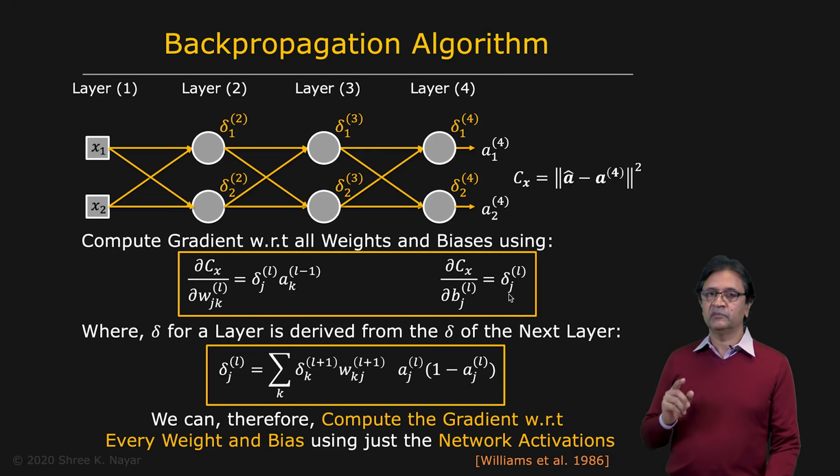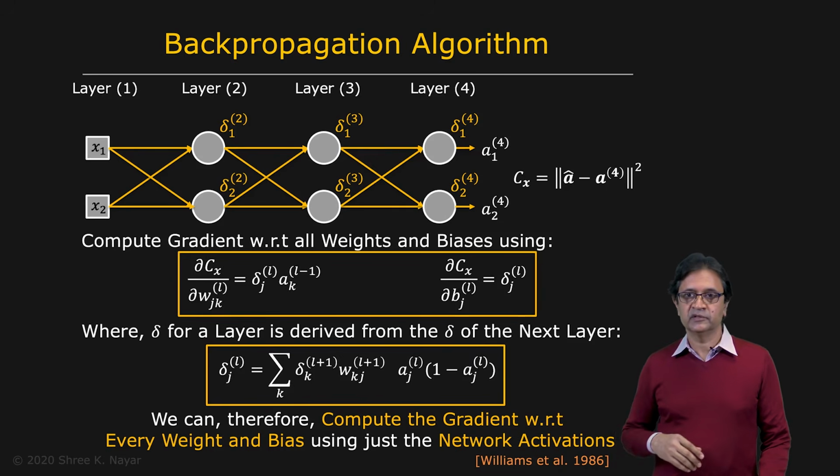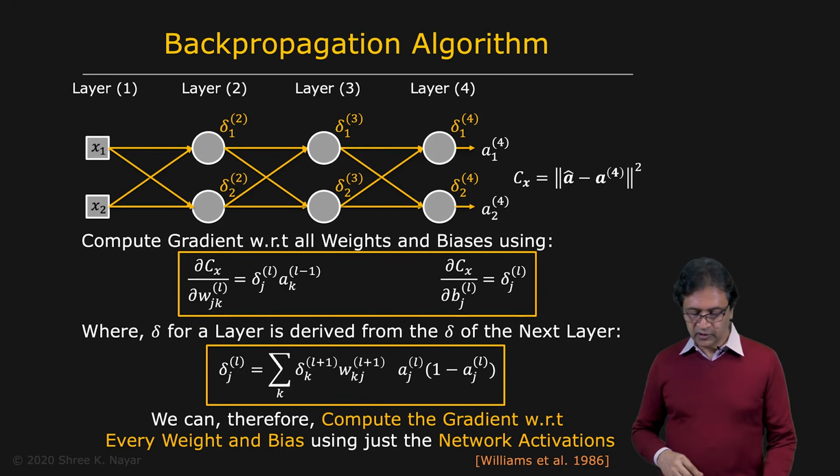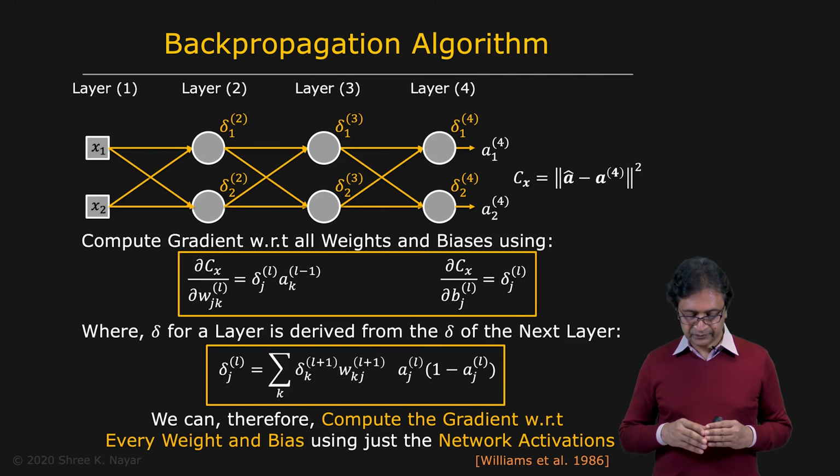This is the power of the backpropagation algorithm, which allows you to compute all the derivatives that we need without going and performing the traditional approach of doing finite differences. So we can therefore compute the gradient with respect to every weight and bias using just the network activations.